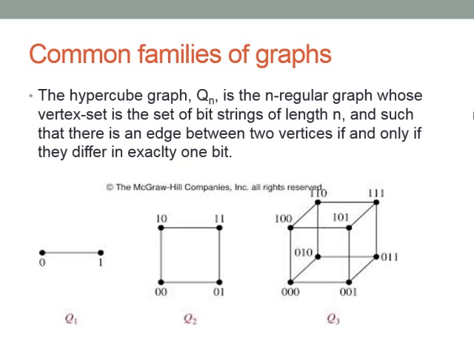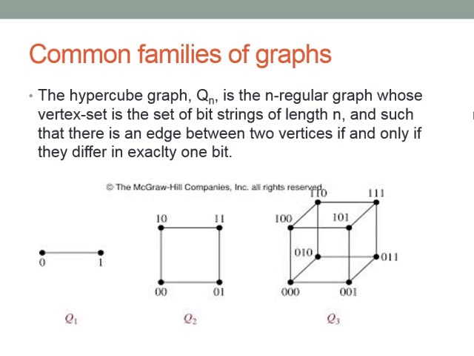Now for a given n, there are 2 to the n distinct binary strings of length n. So for example, when n is 2, there are 4 distinct binary strings of length 2: 0,0, 0,1, 1,0, and 1,1.